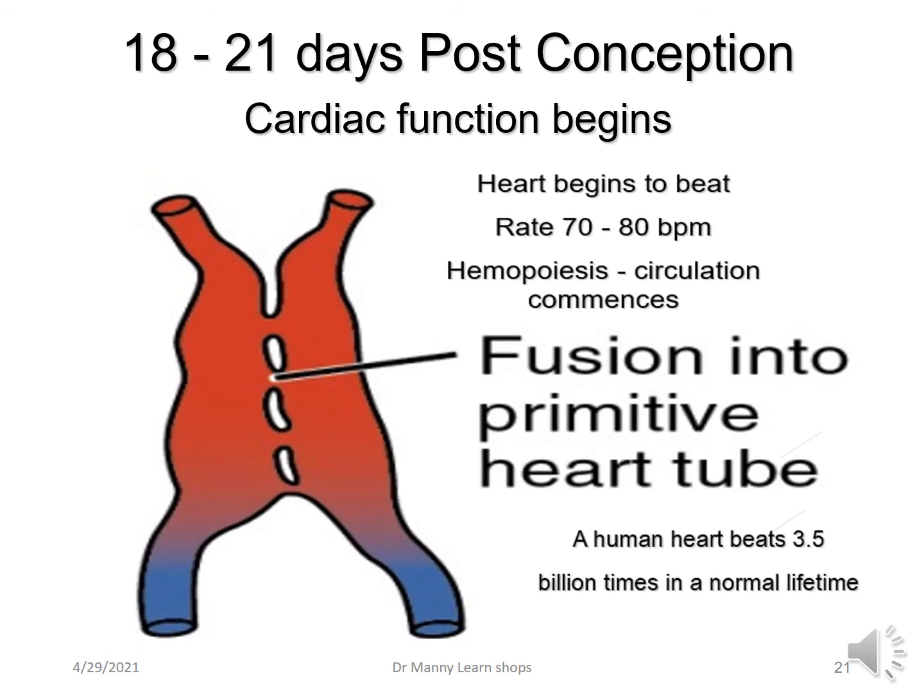The circulation requires pushing. And this is where the heart starts to become what we know as the heart, with the fusion into the primitive heart tube. And it's interesting to note that a human heart beats approximately 3.5 billion times in a normal lifetime.